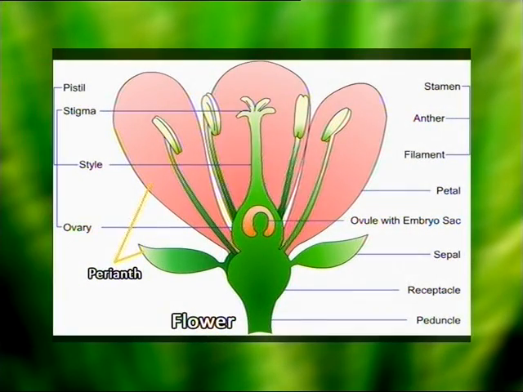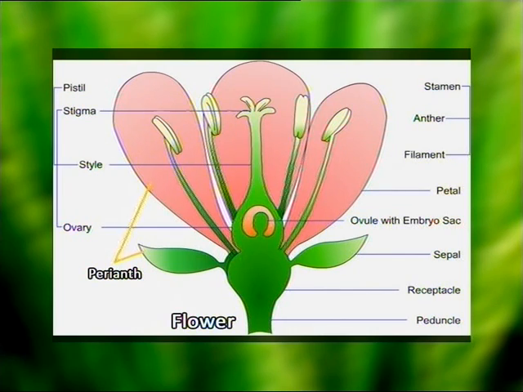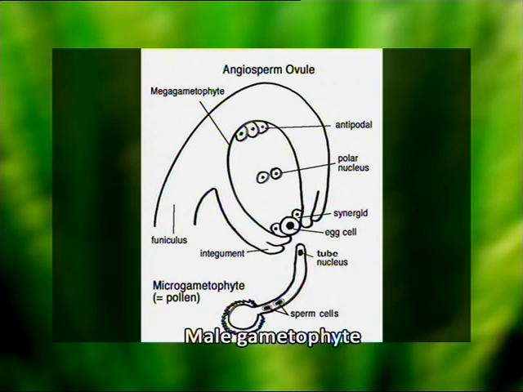Androecium is comprised of the stamens, that is the male part of the flower, with two lateral theca. Each of these theca is comprised of two microsporangia. We have a reduced 3-nucleate male gametophyte within the angiosperms.